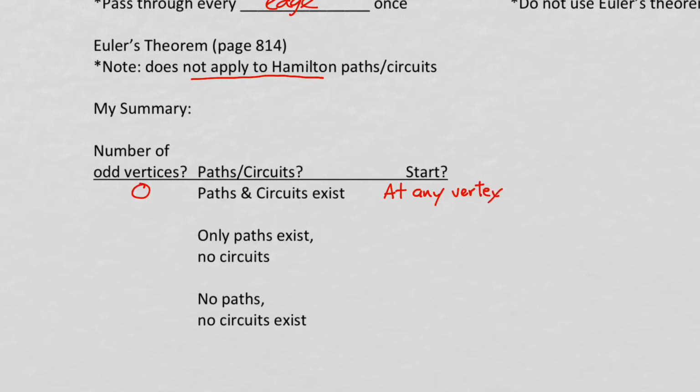If you find that you have two odd vertices, then you only have paths and no circuits, which means you can't come back to where you started. You can only enter in and come out the other side. So you would have to start at one of the odd vertices.